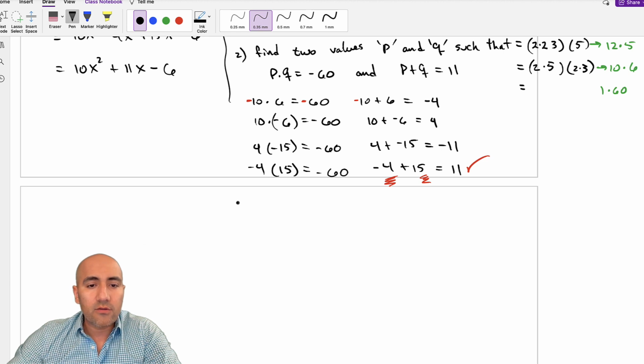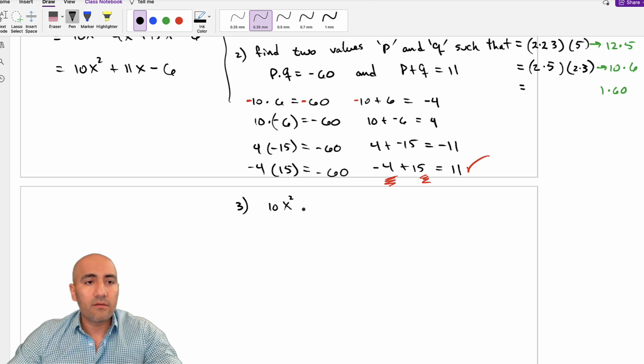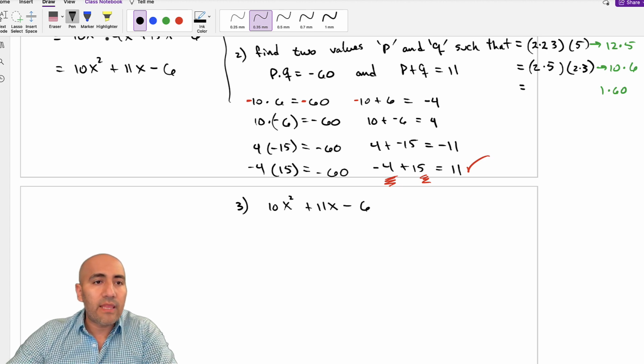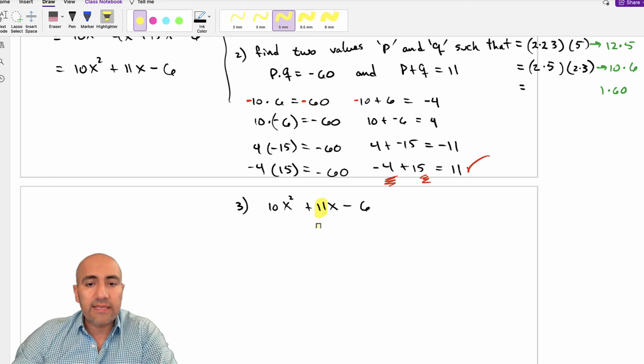Step 3 is going to be to take the original statement, which was 10x squared plus 11x minus 6, and you're going to replace this middle constant, the 11, with these two numbers, which you just found. They add up to 11, right? That's the whole goal. We needed to find two numbers that multiply to negative 60, but they add up to 11.